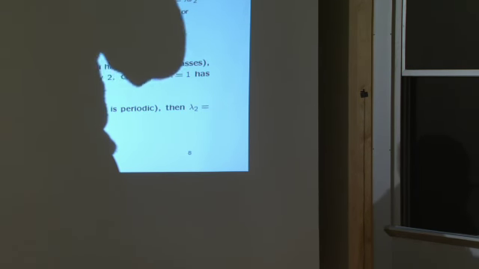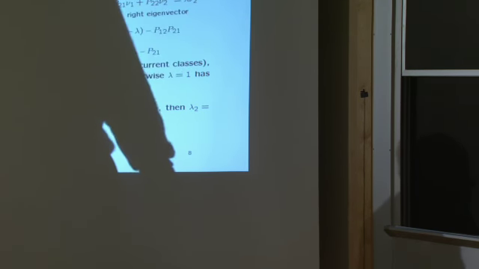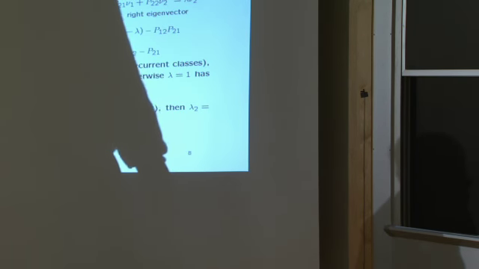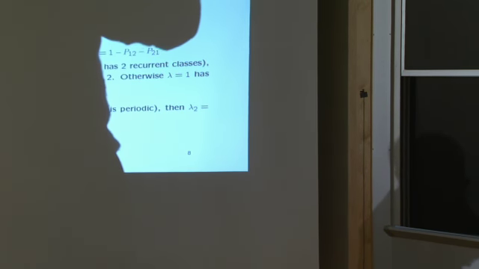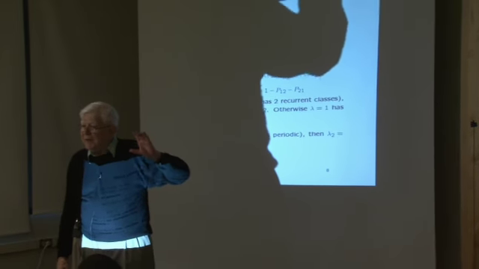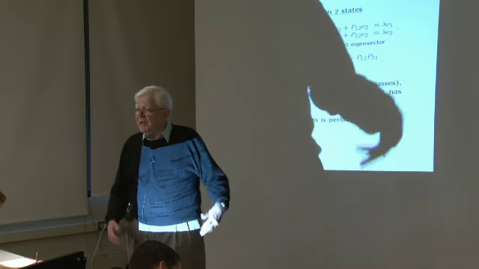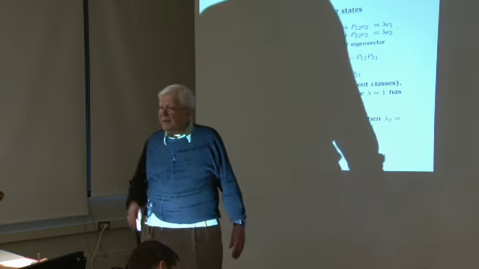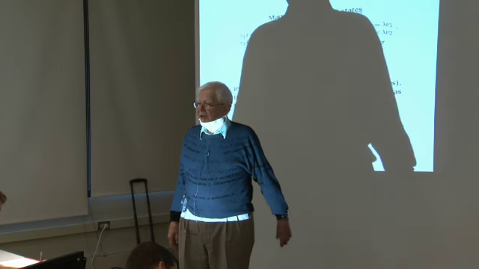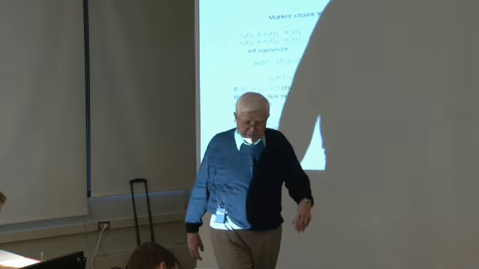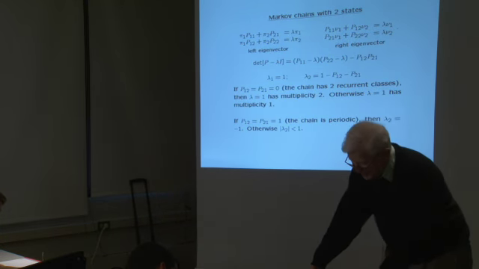All those other eigenvalues, as we'll see, are the error terms in P to the n as it approaches this asymptotic value. And therefore, we want to know what those eigenvalues are. At least we want to know what the second biggest eigenvalue is.